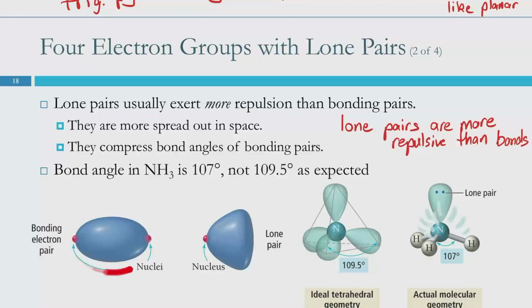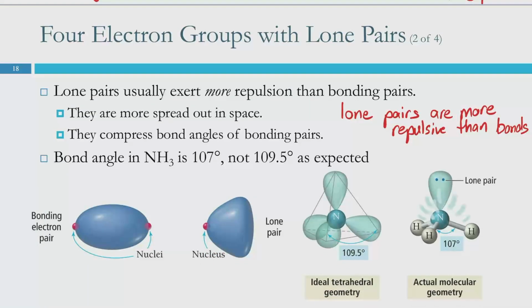If we look at a bonding electron pair between two nuclei, it's sort of this oblong, long skinny shape. And if we look at a lone pair, it's a little bit more spread out. And because it's more spread out, it takes up more space, so it forces everything around it to get pushed away a little bit more. Lone pairs are the man-spreaders of electron groups.